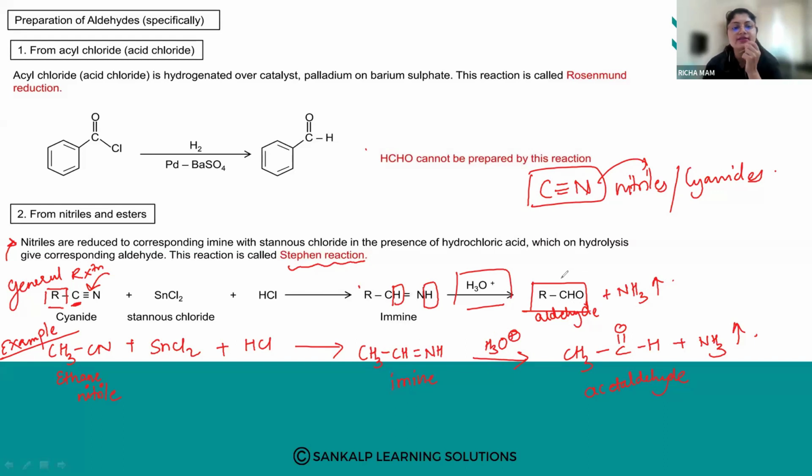Nitriles are reduced to corresponding imines with stannous chloride in the presence of hydrochloric acid, which on hydrolysis gives the corresponding aldehydes. This name reaction is called the Stephen reaction. So Rosenmund reduction and Stephen reaction, is it clear?